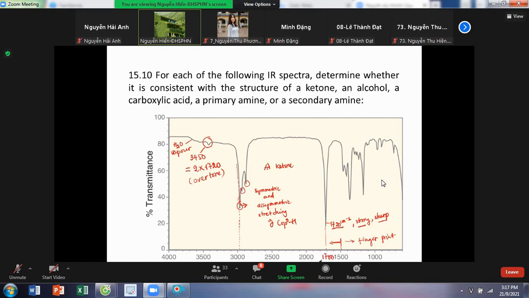So I would say that this one is a ketone, and in more detail, a saturated ketone, because you don't see a CC double bond or a triple bond in this case. Okay.